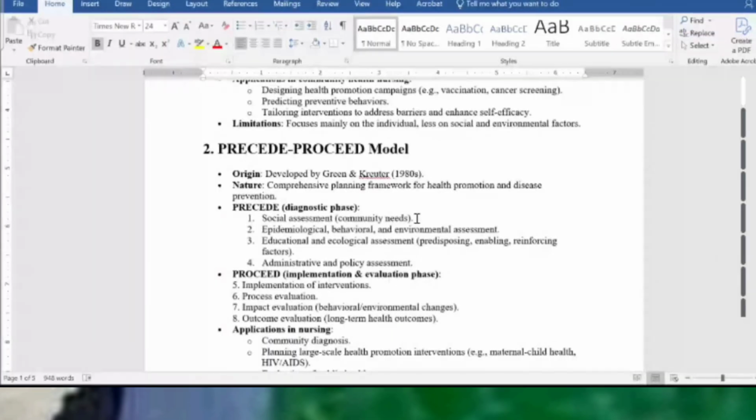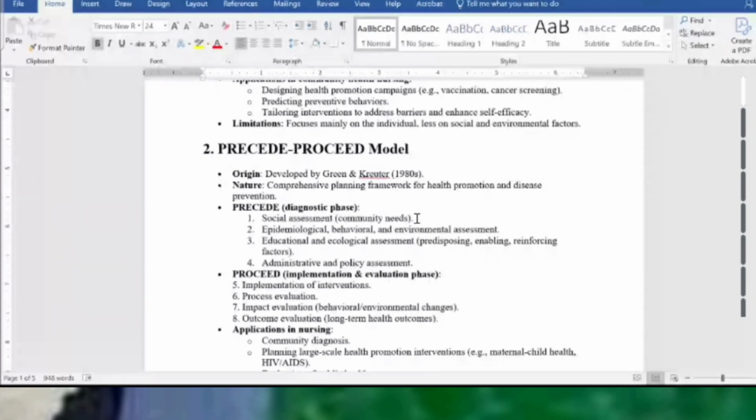When you're talking of social assessment, we are talking about how to identify the social problems and the needs of a community, and to determine the desired community outcomes. Epidemiological, behavioral, and environmental assessment is about identifying specific health problems and their determinants, that is, the risk factors.